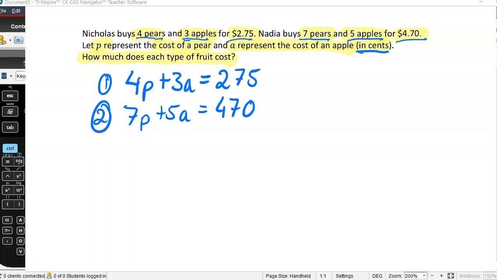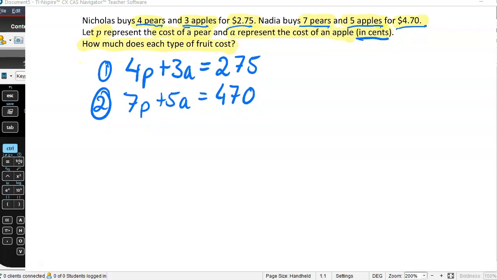Right, what can I do to these equations so that I can then eliminate them? Obviously, we could be using our CAS calculators here. I'll do it by hand and then I'll show you on the CAS calculator.